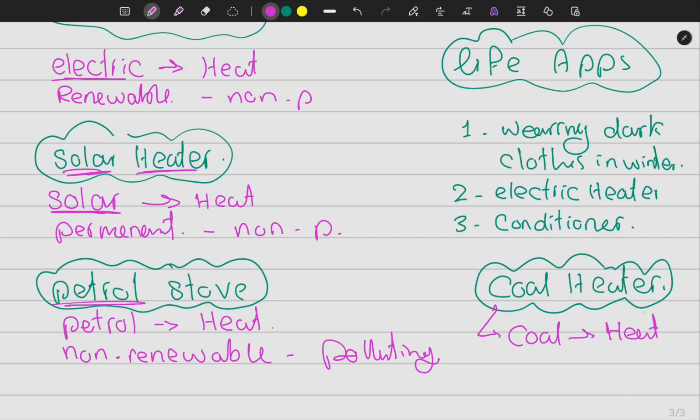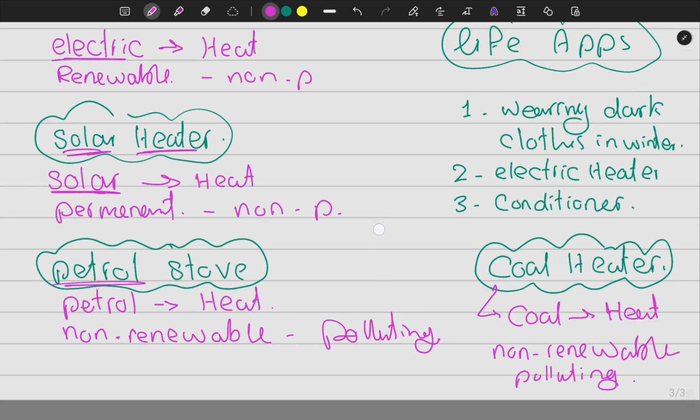Of course, all these applications transfer energy to heat energy because we are in lesson 3, which speaks about heat energy. Which type of energy resource? It is non-renewable, and of course, it is polluting.